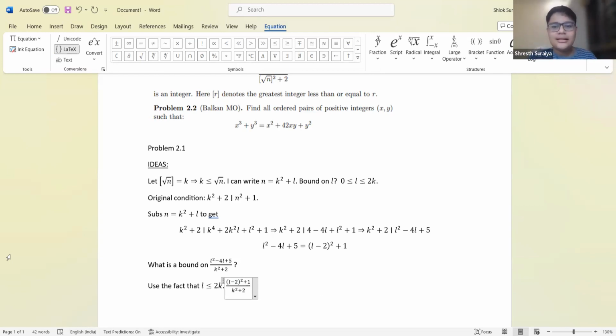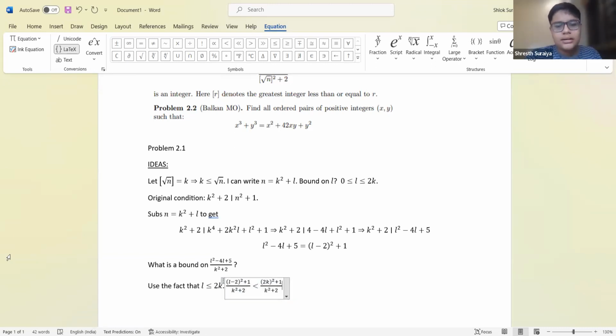And if l is less than 2, then it can only be 1 or 4 or 0. Those are the boundary cases which we can check later. But I can say that this thing is less than (2k) whole squared plus 1 upon k squared plus 2.